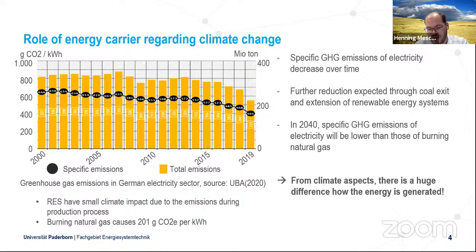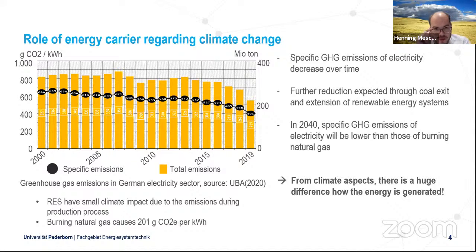And in Germany, we decided to exit our coal burning in our power supply system. So we fade out our conventional coal power plants, and if we replace the capacity by renewables, then we reach also the point where we have to exit our natural gas utilization to reach our climate targets.